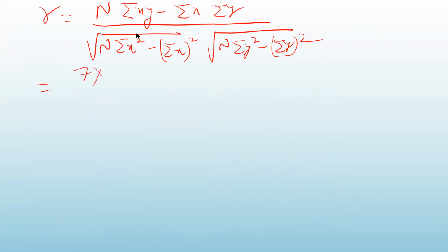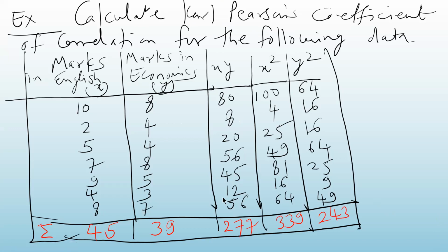summation of xy. What is summation of xy? Summation of x into y, that is 277. Okay, and summation x is 45, summation y is 39.